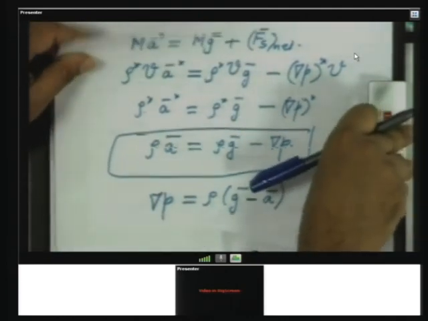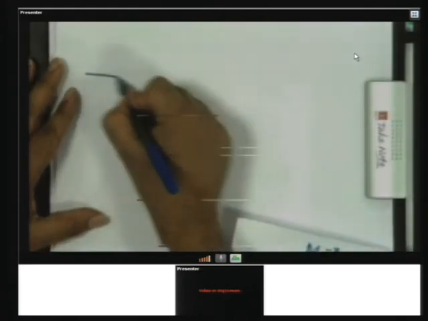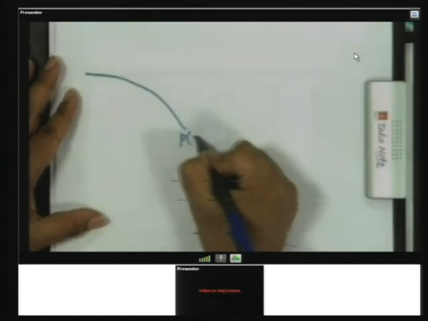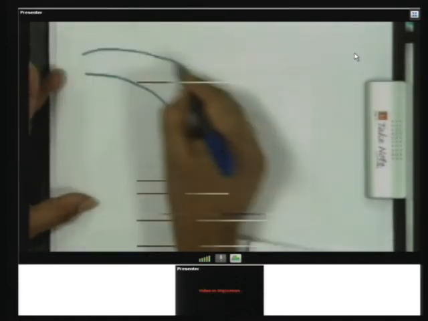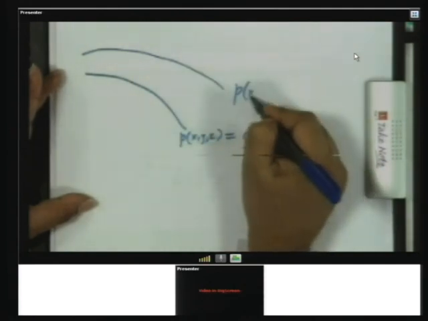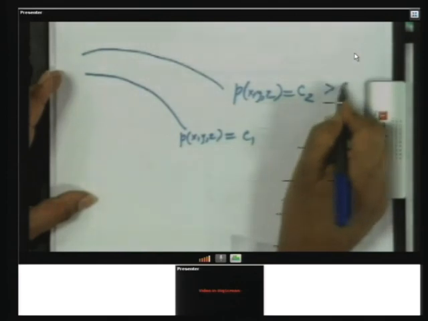Now, you know from your vector calculus that if I have the level curves, suppose I say this is p of x, y, z equal to some constant c1, and this is another surface, p of x, y, z equal to, say, c2, where c2 is greater than c1.